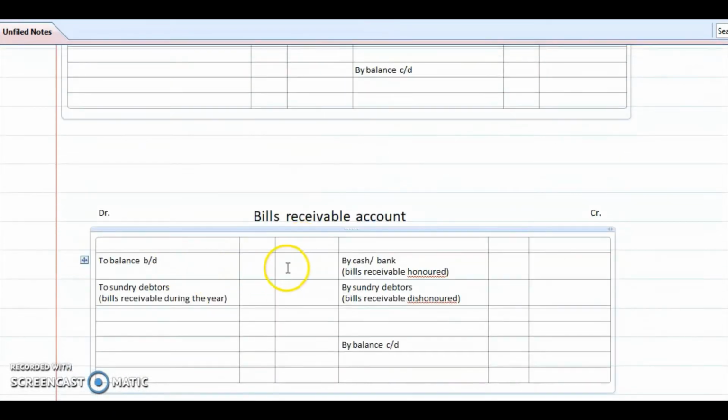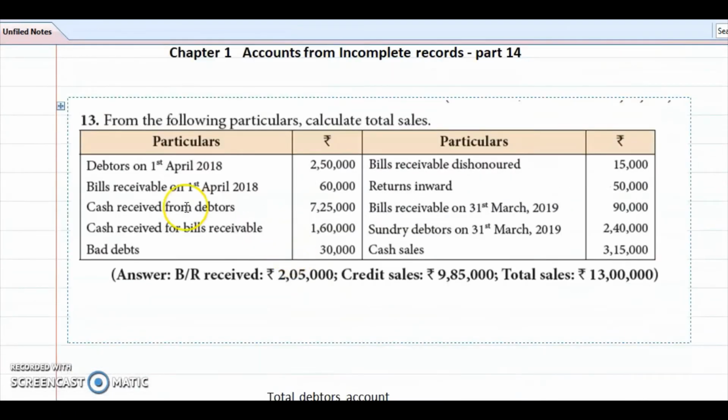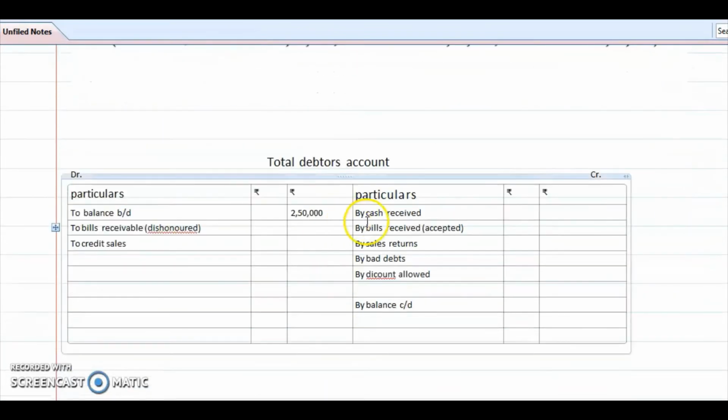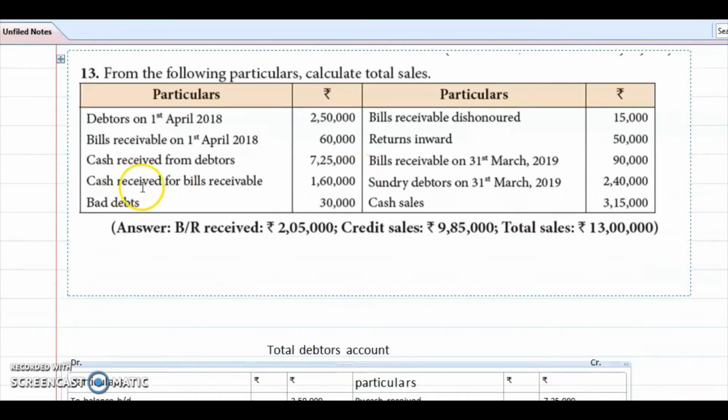Next, cash received from debtors, 7,25,000.